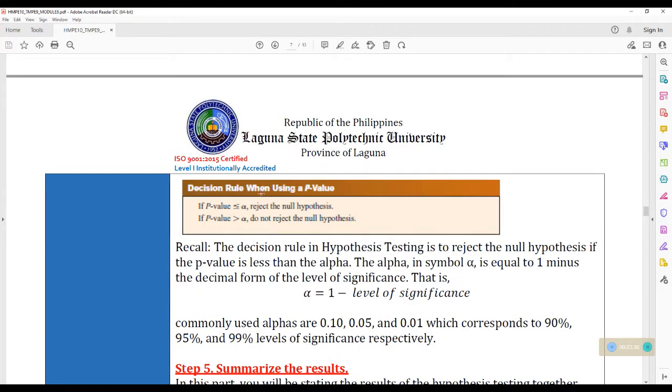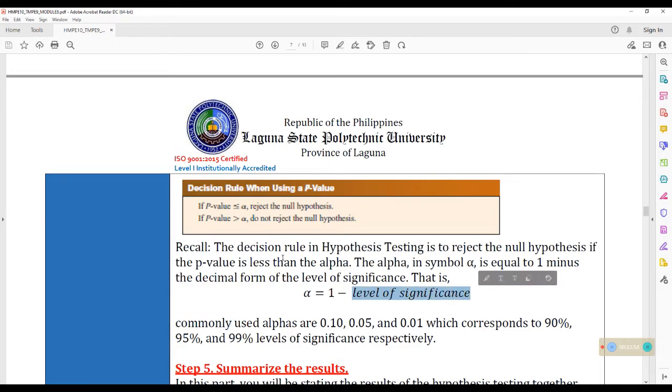Our decision rule is: if the p-value is less than the alpha, reject the null hypothesis. If the p-value is greater than the alpha, do not reject the null hypothesis. There, an alpha has been introduced again. What is alpha? If you studied your statistics and probability well, you should be familiar with the level of significance and alpha.